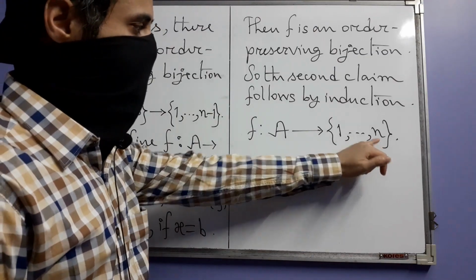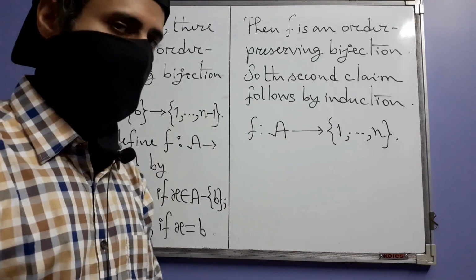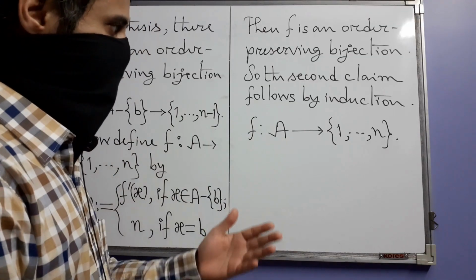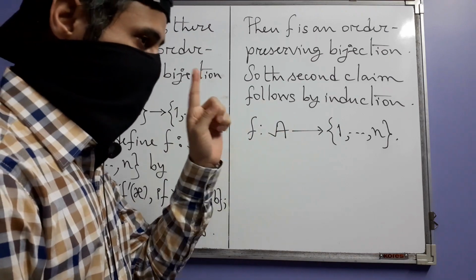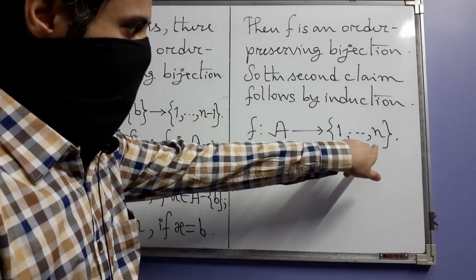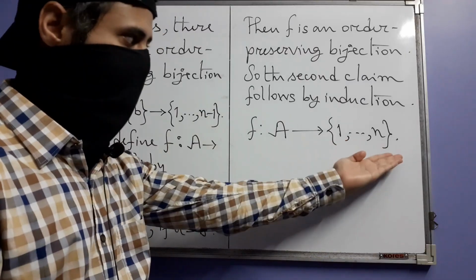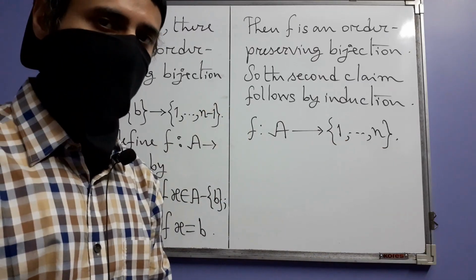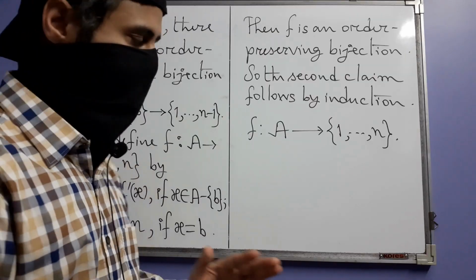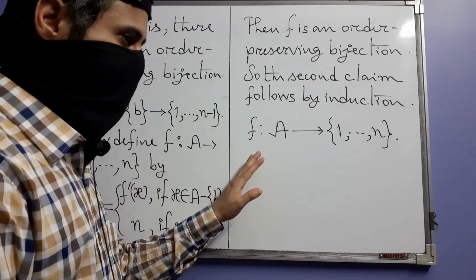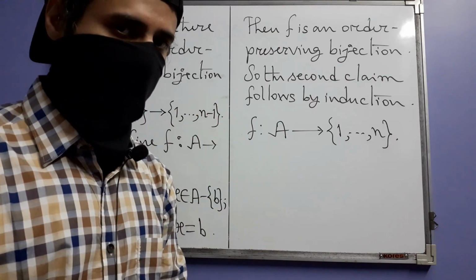In fact, the n here is nothing but the number of elements in A. As such, it can have only one order type, namely the order type that this ordered set has. And that is why, because this is well ordered, A is also well ordered. So for finite sets, you can have only one order type.